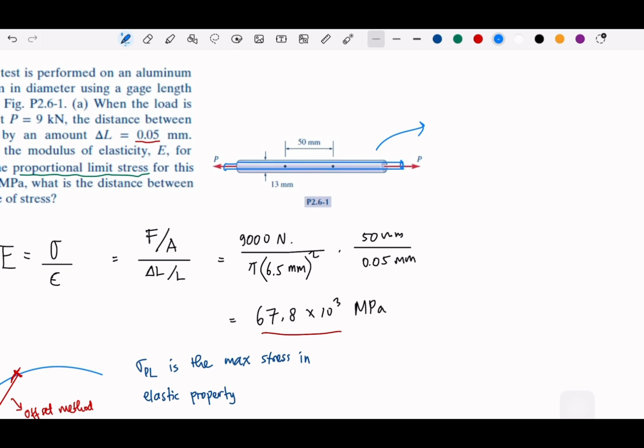So this is the final length, just for illustration. Another question can be asked is perhaps the Poisson ratio.